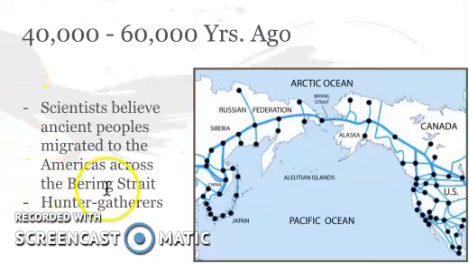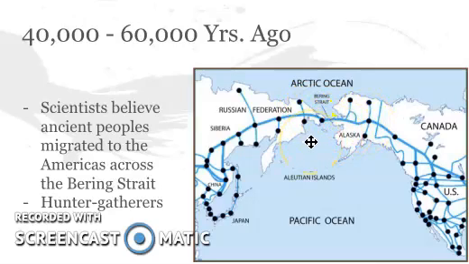So approximately 40 to 60,000 years ago, scientists believe ancient people migrated to the Americas across the Bering Strait. Bering Strait right here, it connects Siberia to Alaska. Scientists believe that there was a land bridge, maybe because of the Ice Age, that connected these two areas, so people were able to walk across.